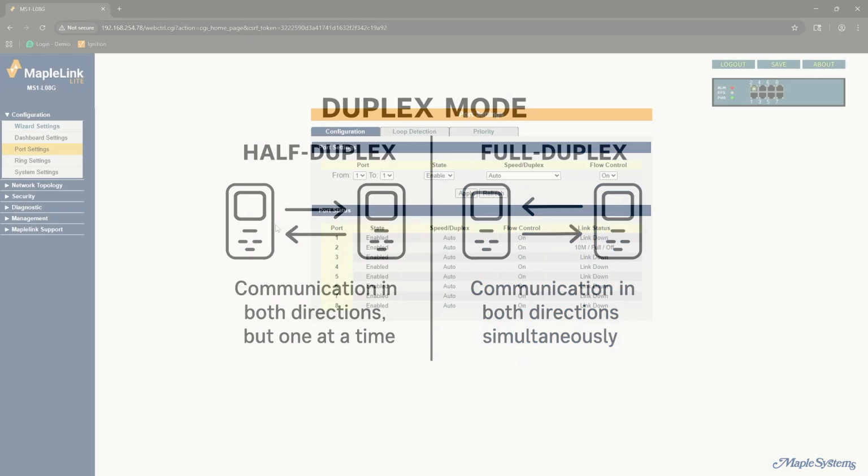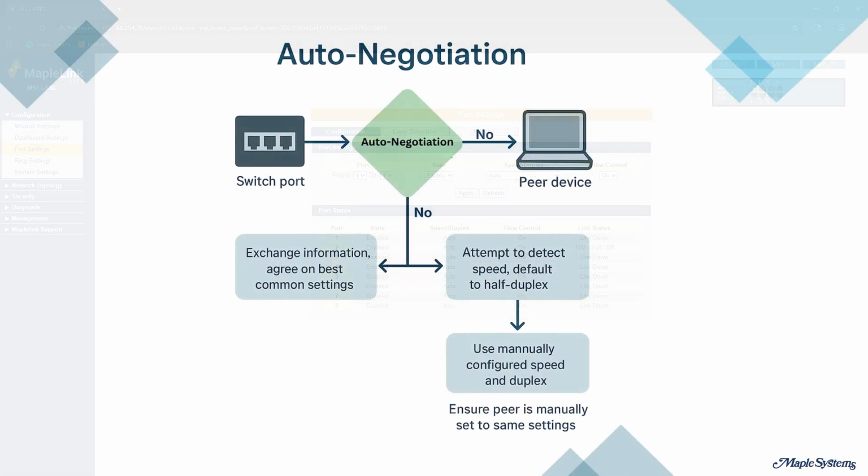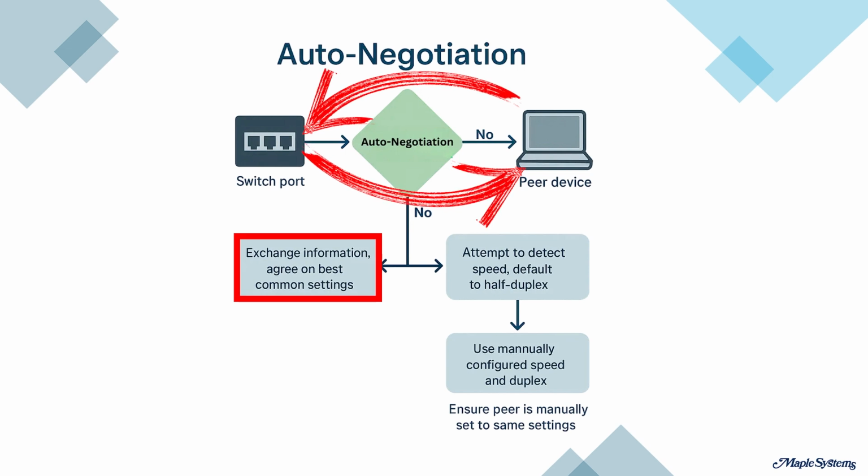Back in Maple Link Lite, under the speed/duplex, you can also choose auto, which is auto negotiation. So when auto negotiation is enabled, when you select auto, the switch port and the peer device exchange information to agree on the best common settings.